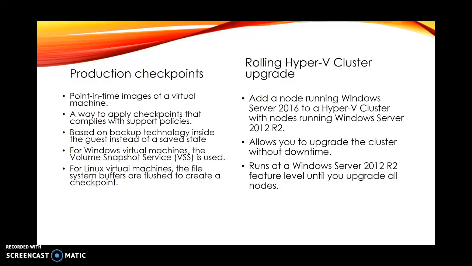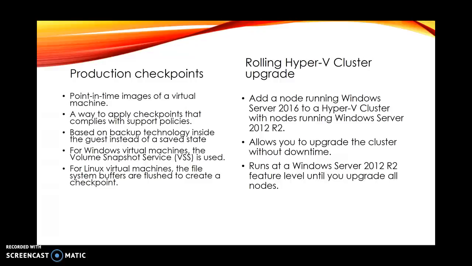Production checkpoints are point-in-time images of a virtual machine. This gives you a way to apply a checkpoint that complies with support policies when a virtual machine runs a production workload. Production checkpoints are based on backup technology inside the guest instead of a saved state.